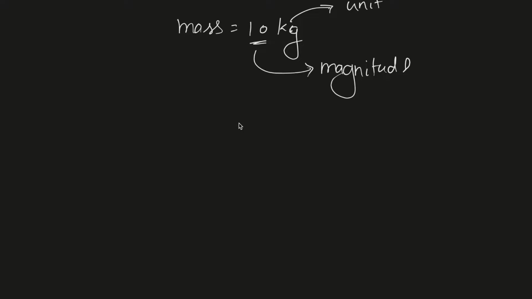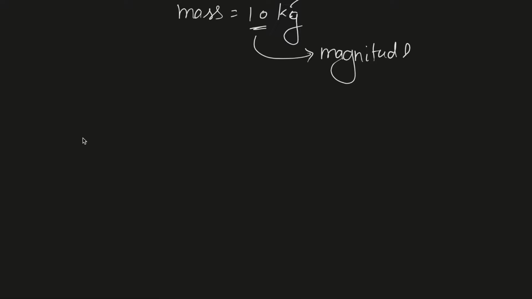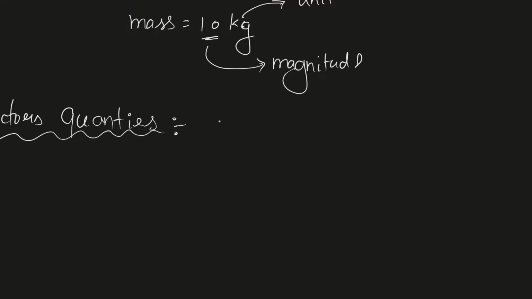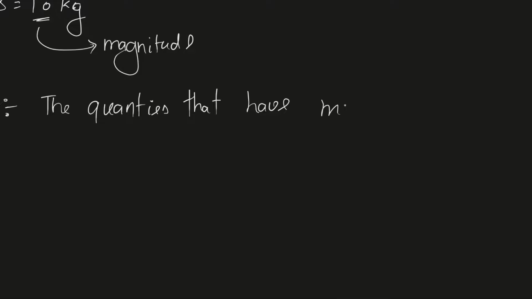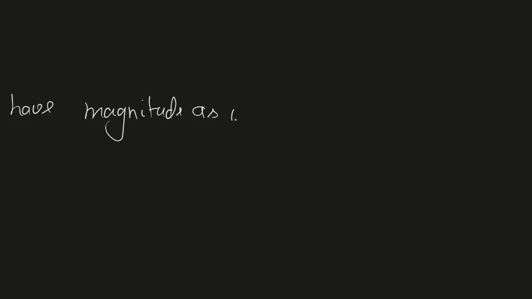And the other is vector quantities. Vectors are the quantities that have magnitude as well as direction. We have to specify the direction of that.